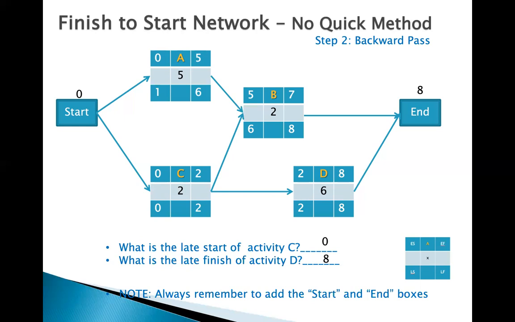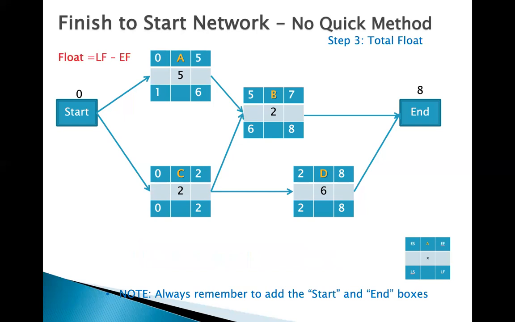Okay, now that we have completed step number 2, we are ready to move to step number 3. Step number 3 is total float. Calculate the total float. By definition, the formula to calculate the total float for each activity is a simple operation.